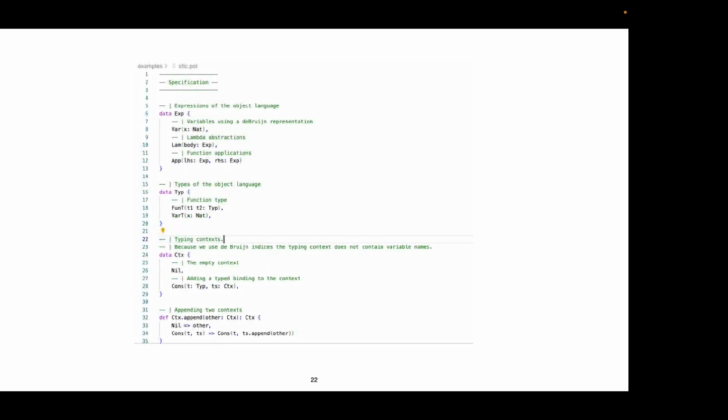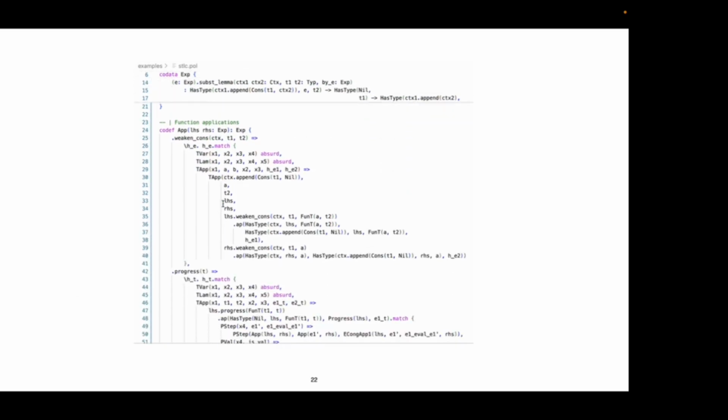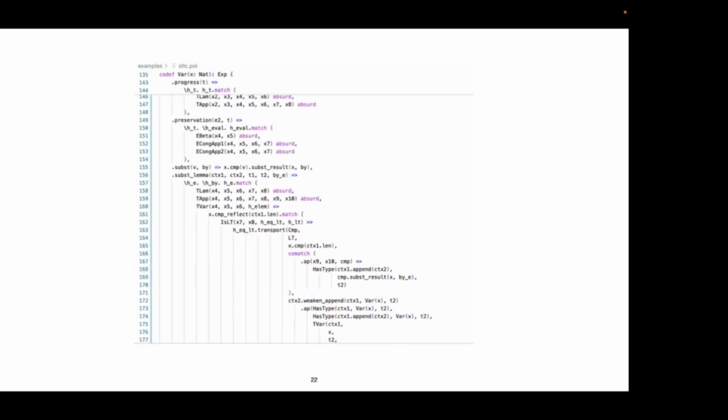And to show that this works in real time, here's part of the proof of the soundness theorem, where we can just change the representation of the type, and the rest of the proof is automatically transformed.